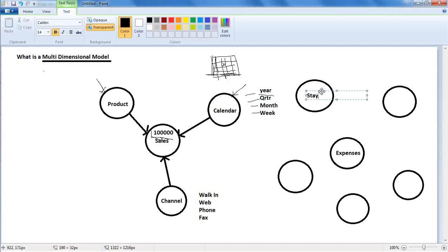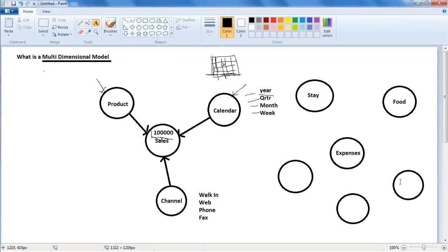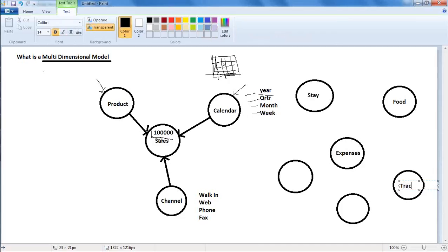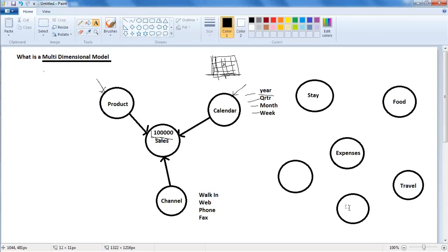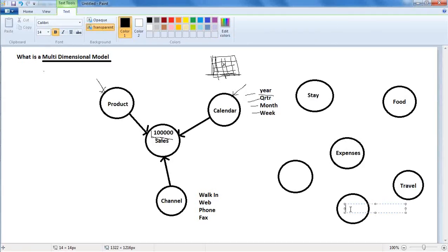Okay, and food, travel. I can say stay, food, travel, books, shopping.